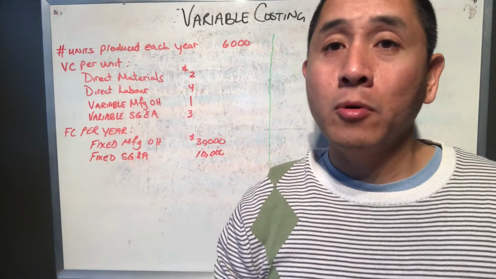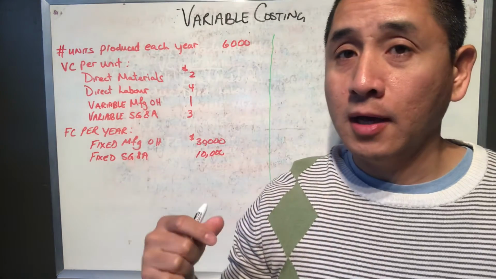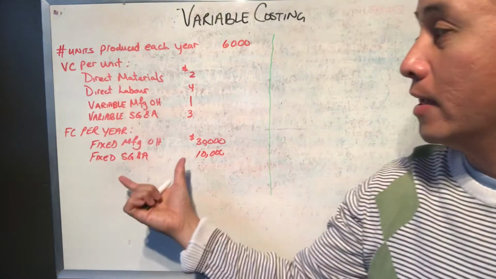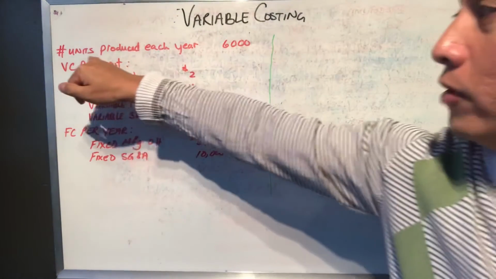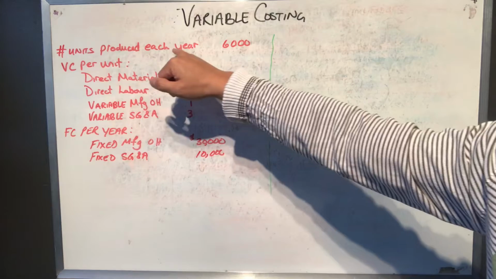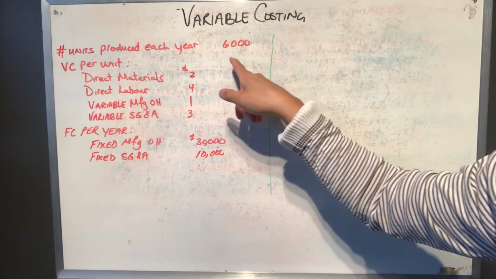Under the variable costing methodology, we're going to be using the same setup of the numerical example that we used under absorption costing. Just to review, we're going to assume that ABC company has 6,000 units produced every single year.